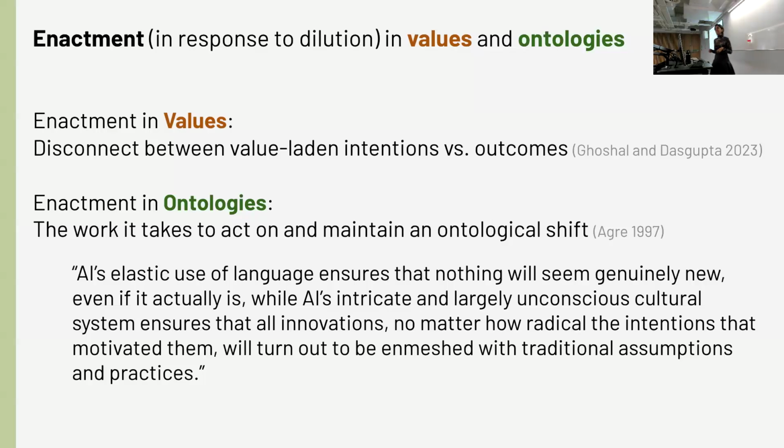So that was fun for me to put these things together. But this I love because I experience it as being in both the technical spaces and the critical spaces: AI's elastic use of language ensures that nothing will seem genuinely new, even if it actually is, while AI's intricate and largely unconscious cultural system ensures that all innovations, no matter how radical the intentions that motivated them, will turn out to be enmeshed with traditional assumptions and practices.